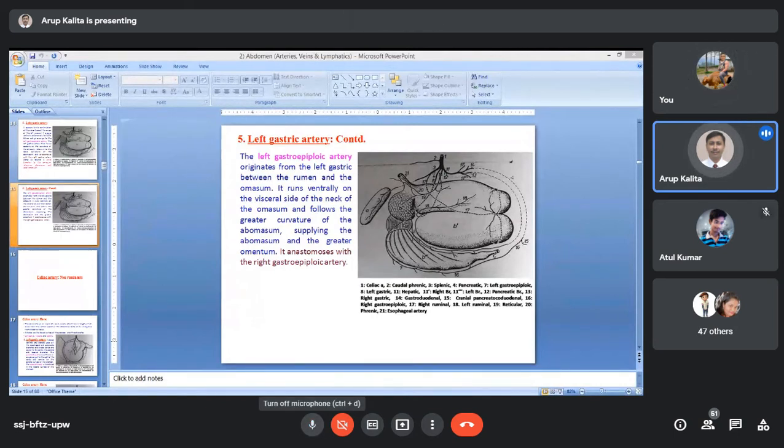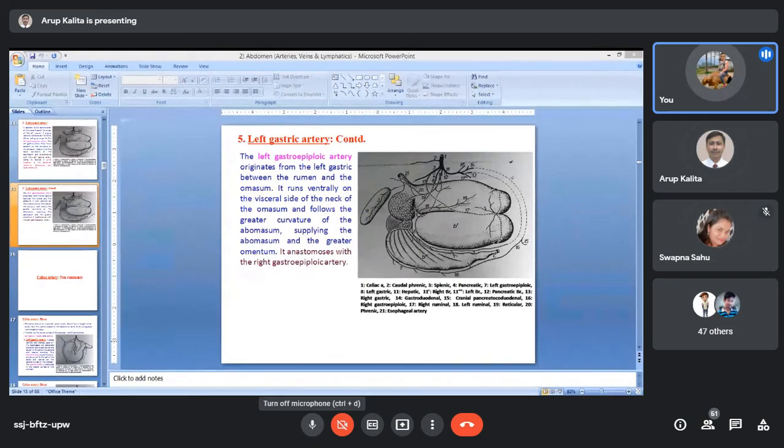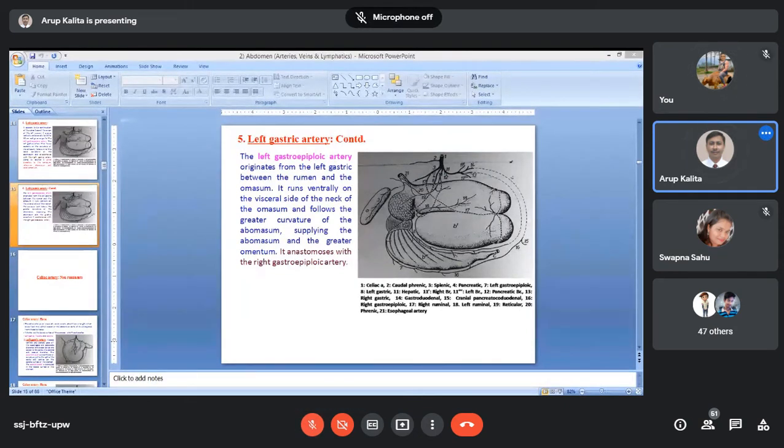Then the third branch of celiac, right ruminal artery. Right ruminal artery, I told you, is it not? And the fourth branch, left ruminal. So the left ruminal artery is number 18. Okay.